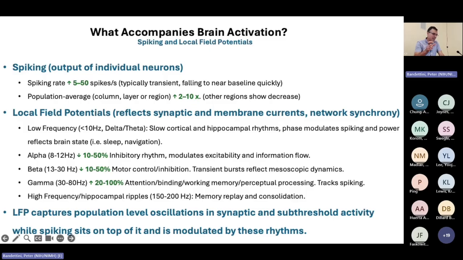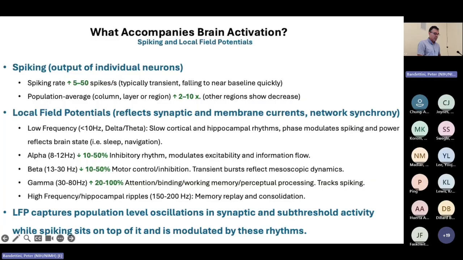It's typically transient, so there's a burst of spikes and then it goes down to some level of constant spiking, near baseline. But the population average goes up about 2 to 10 times. The local field potential reflects synaptic and membrane currents and network synchrony.